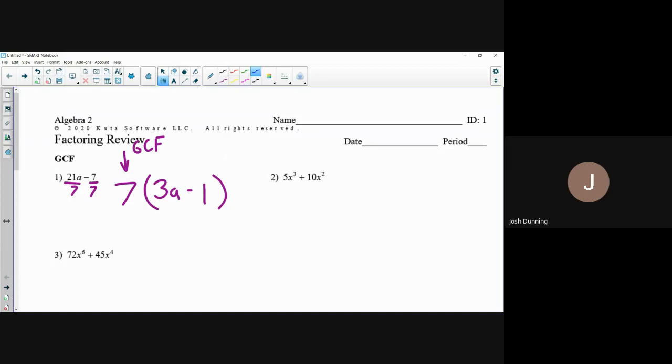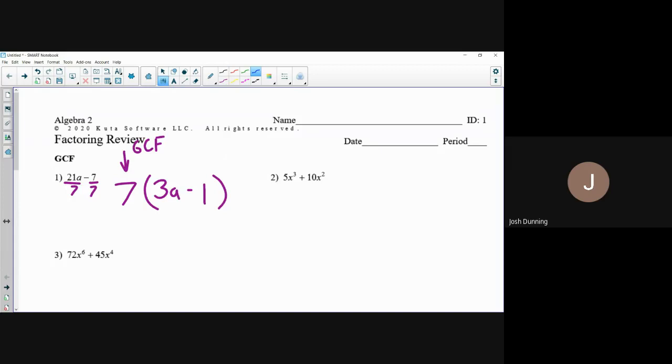Now, number 2 kind of changes things up a bit. Well, we can probably figure out that you can divide both 5 and 10 by 5. Now there's an x in both. Now we can only factor out as many as we can take out of all terms.